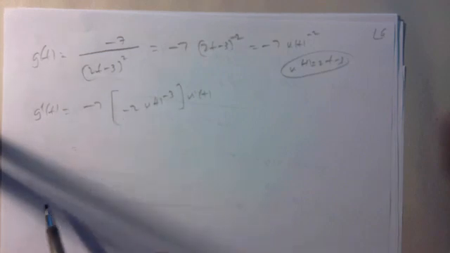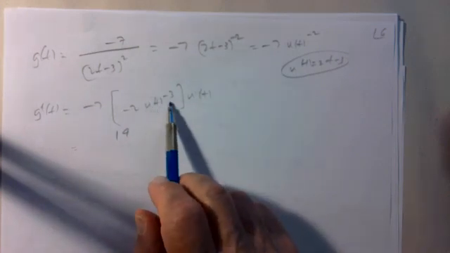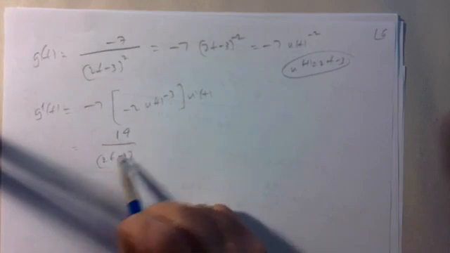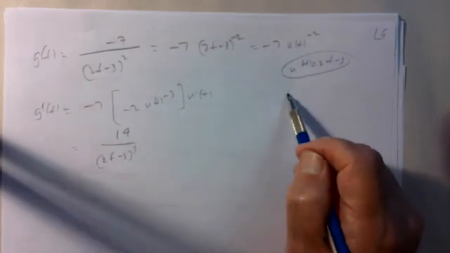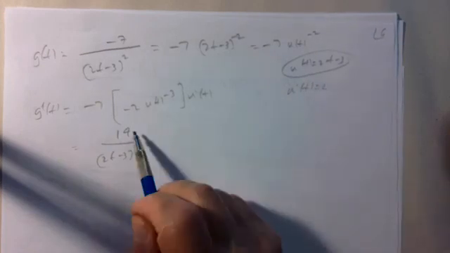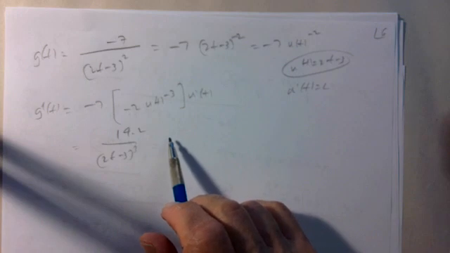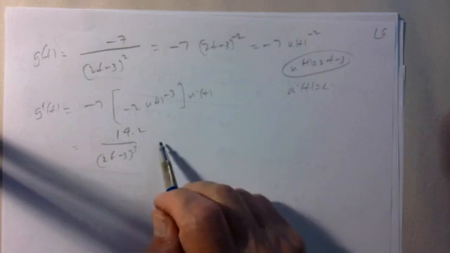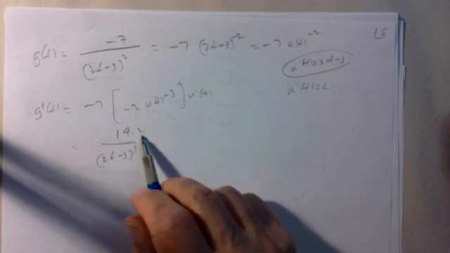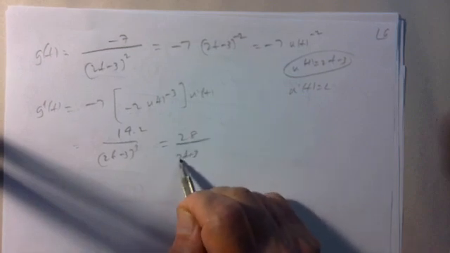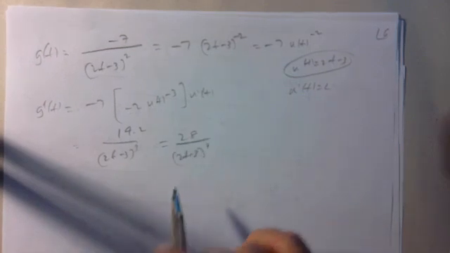Minus times minus is plus, so this is 14. u of t to the minus 3 is (2t minus 3) cubed in the denominator, and u prime of t is just 2. So this is simply 2 times 14, 28 over (2t minus 3) cubed.